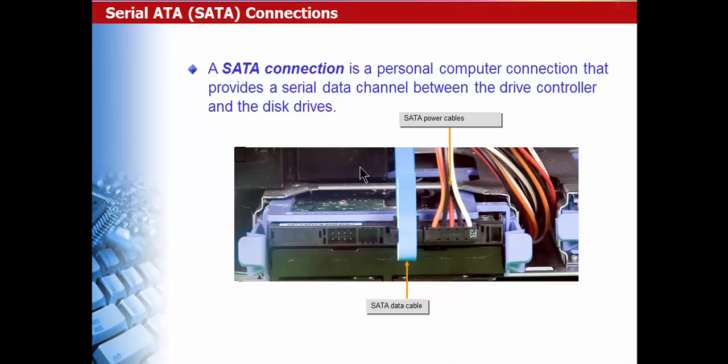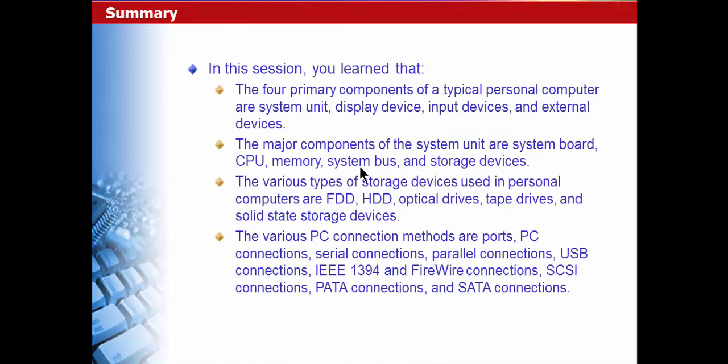If we quickly review as a summary what we have learned until now, in this session we have learned about the primary computer components, like the display device, system unit, input device, and external devices. We have also looked into the major computer components like the system unit, system board, and memory bus, and various storage devices like floppy disk drive, hard disk drive, optical drives, tape drives, and solid state drives or SCSI drives.